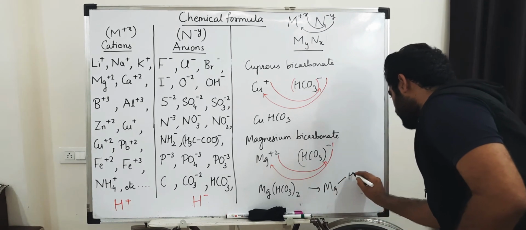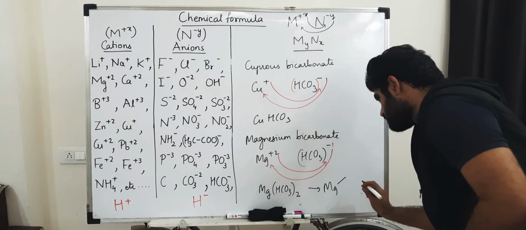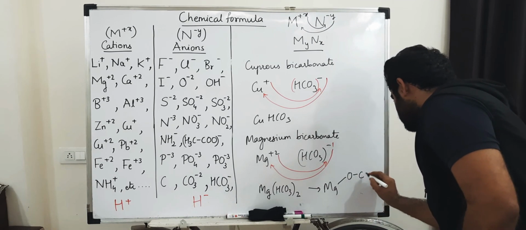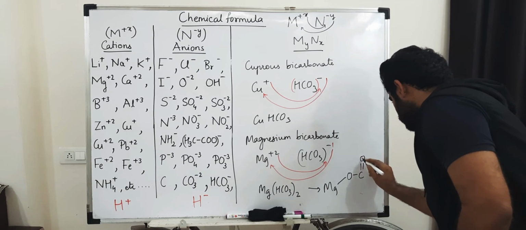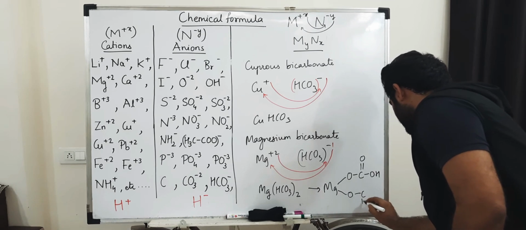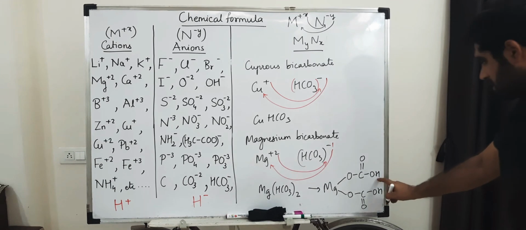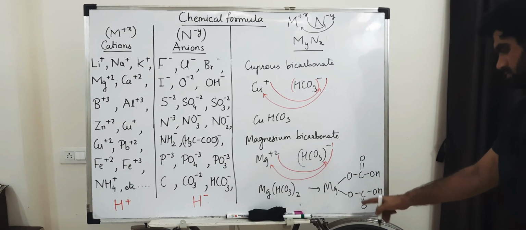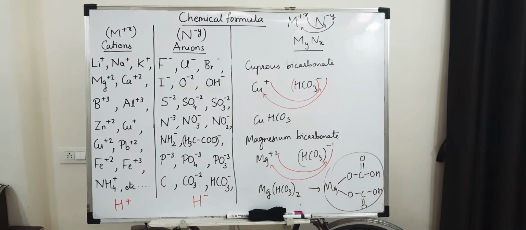Mg connected to HCO3. Its bonding pattern is a bit different. This is oxygen, C, 1, 2, 3. See, this is bicarbonate HCO3. Mg(HCO3) whole twice. This is the actual structure.